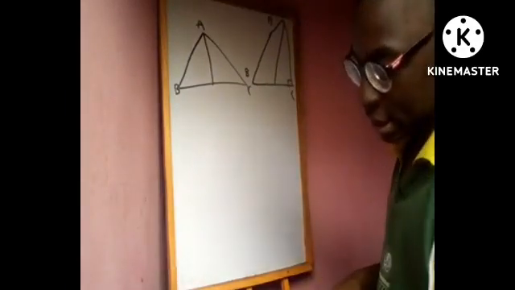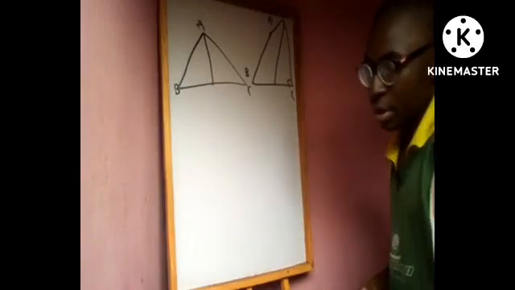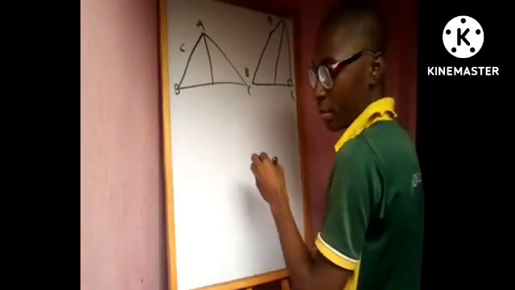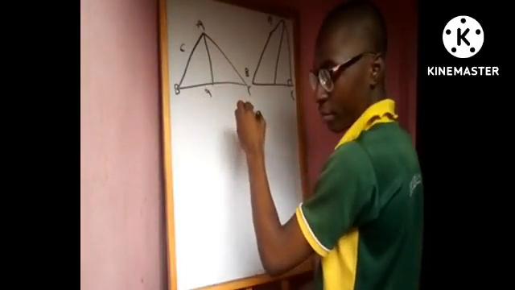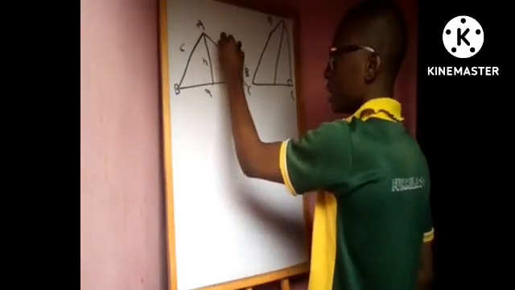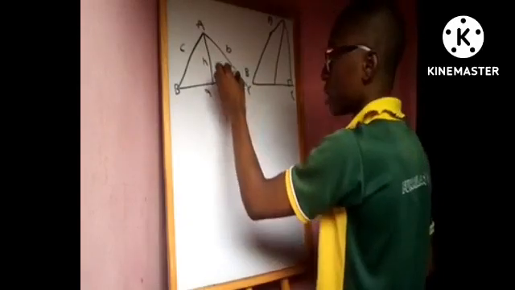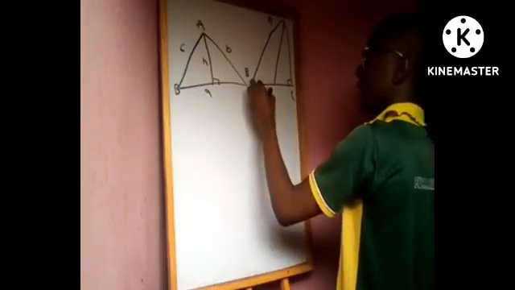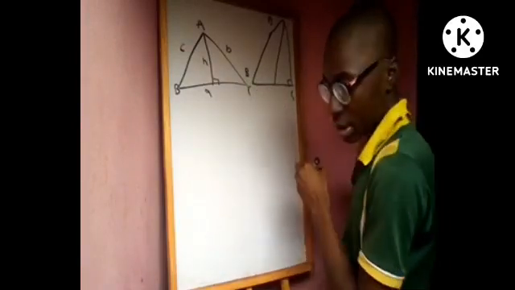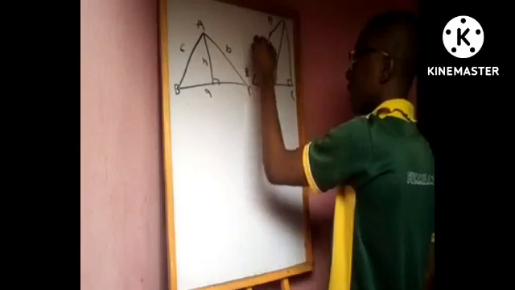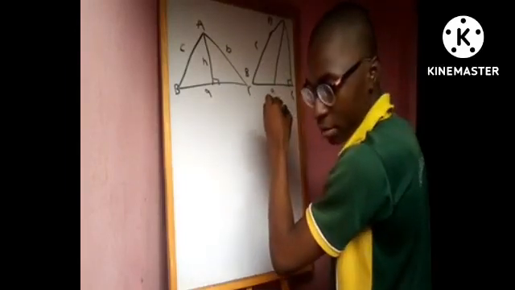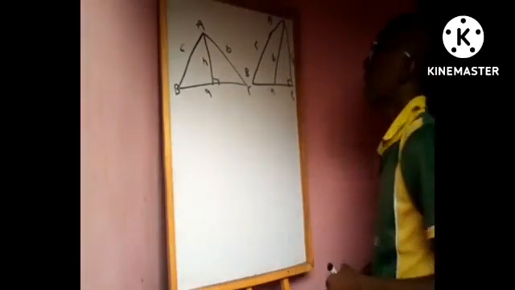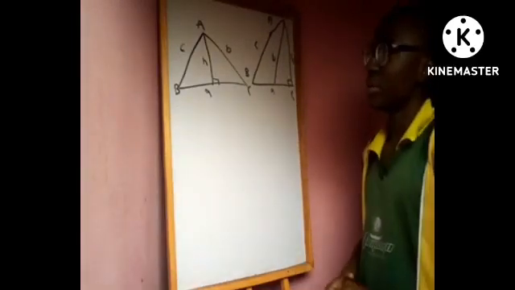In this case, BC is A, this is H, and this is B. Similarly, we have this is B and this is C, this is A, this is B, and this is H. From what we can see here, these are two triangles, right?